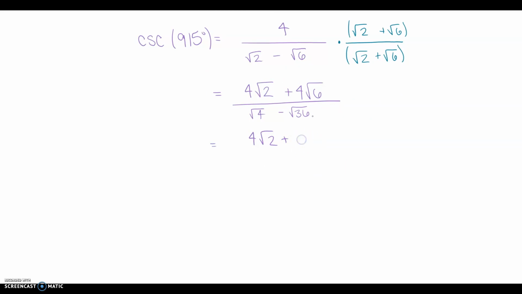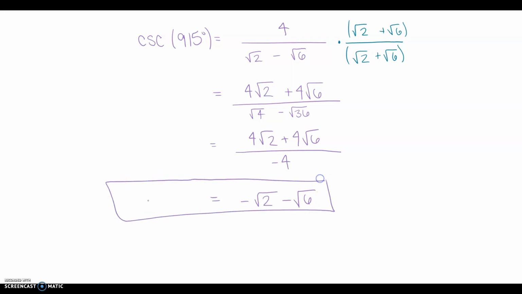Oops. Numerator stays the same. Denominator, I get 2 minus 6, which is negative 4. And then I'm going to simplify. So I'm left with negative square root of 2 minus the square root of 6. And that is what cosecant of 915 degrees is.